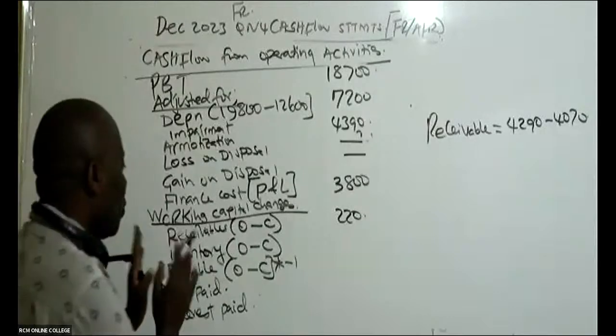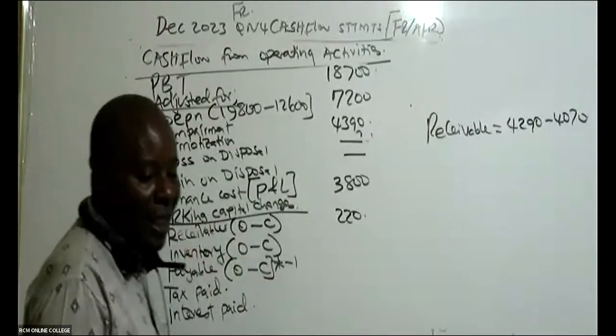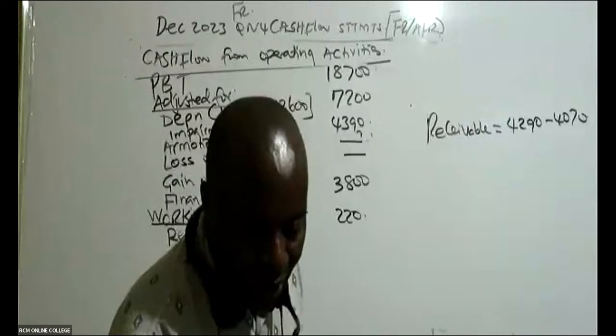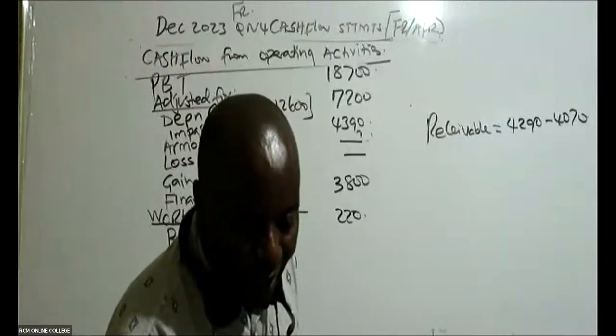Then you go in this case here to inventory, you do the same. It's a working capital change. So what do we have under inventory?